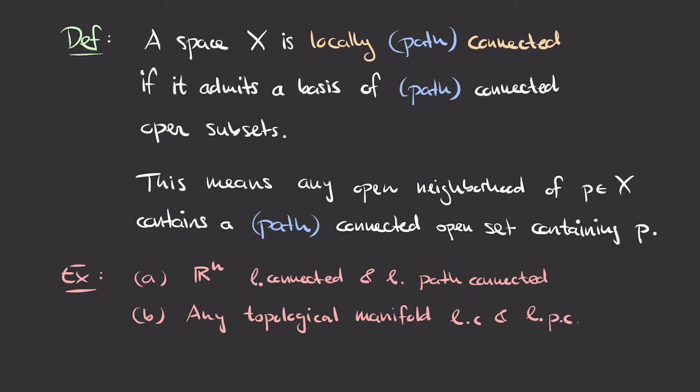Recall that a topological manifold is a topological space that is Hausdorff, second countable, and locally Euclidean of some fixed dimension. For this part, the second countability and Hausdorff properties won't be important. What's important is that a topological manifold is locally Euclidean of some fixed dimension.